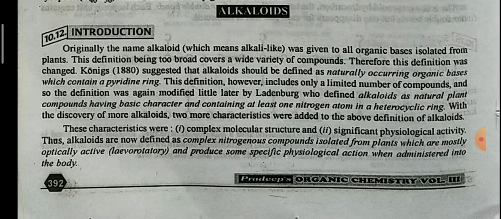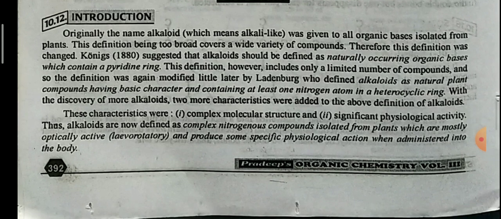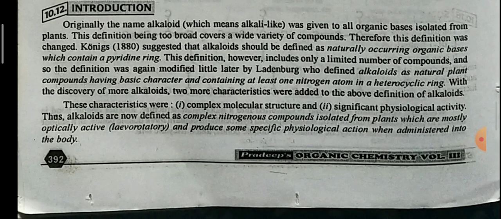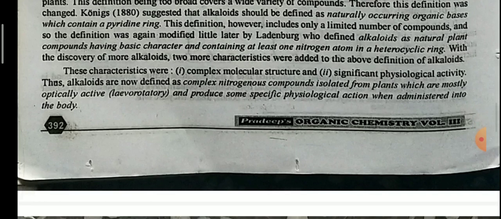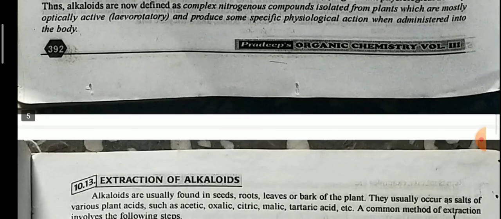These characteristics were complex molecular structure and significant physiological activity. Thus, alkaloids are now defined as complex nitrogenous compounds isolated from plants which are mostly optically active, levorotatory, and produce some specific physiological action when administered into the body.